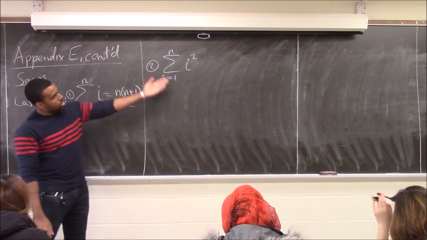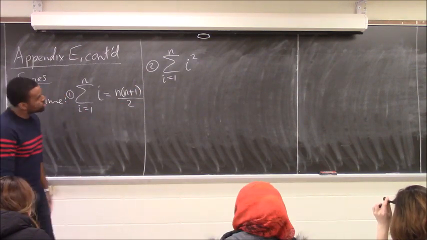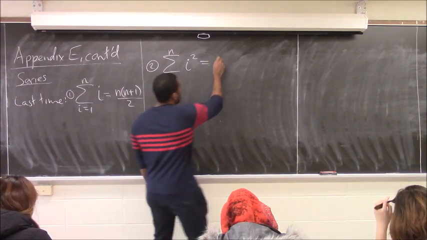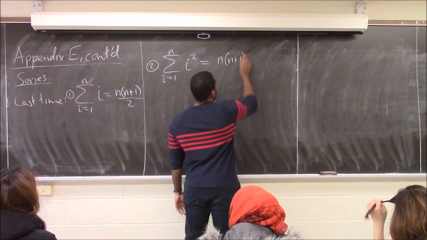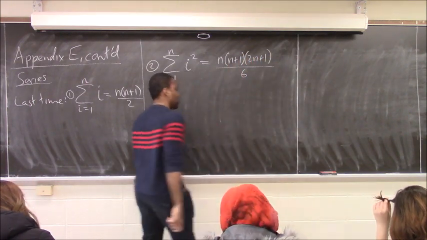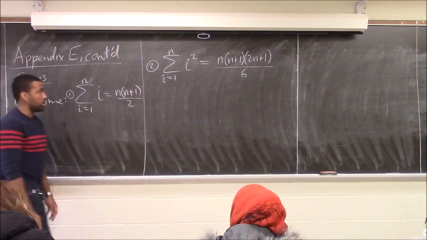So we're adding up 1 squared plus 2 squared plus 3 squared plus 4 squared all the way up to n squared. That also has a formula. This one is slightly more complicated. n times n plus 1 times 2n plus 1 all over 6. That's how you add up the first n squares. It will add up to an expression like that.